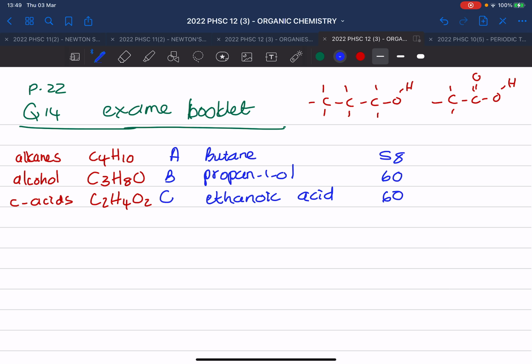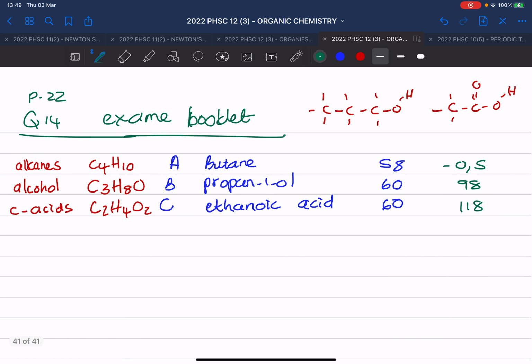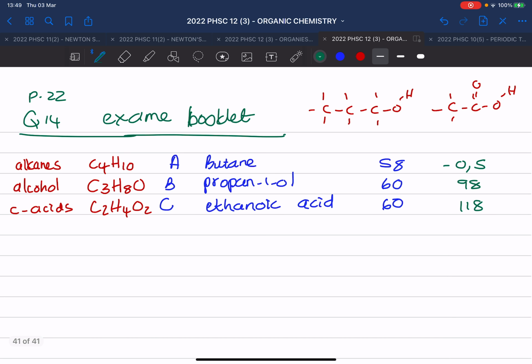Okay. And they also give us the boiling points. This is negative 0.5, this is 98, and this is 118. What's wrong? Propan-1-ol. Look there in your notes, it's written there in the question. Okay.